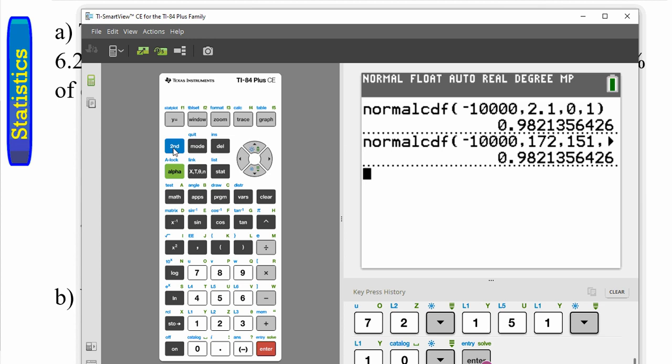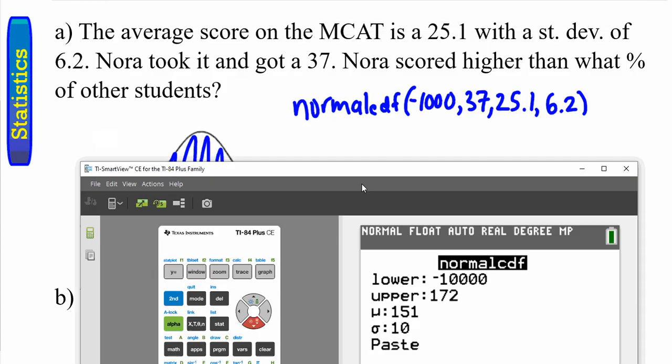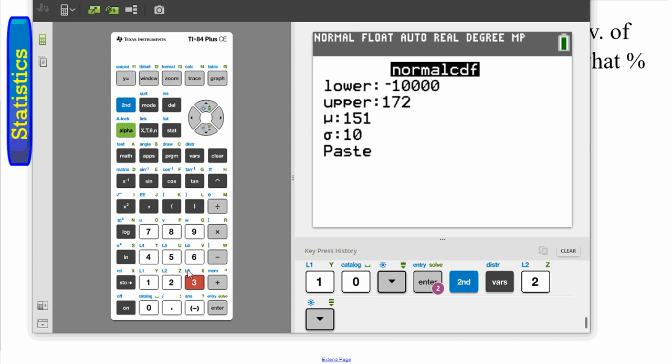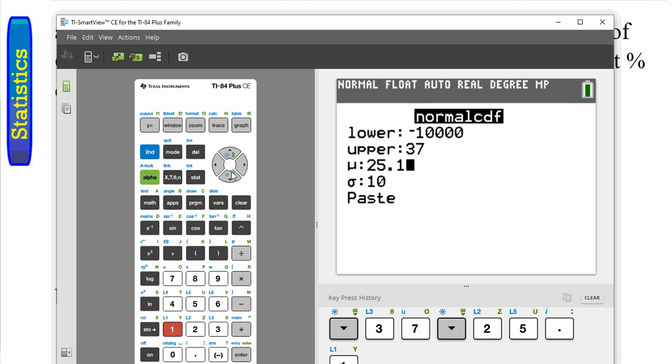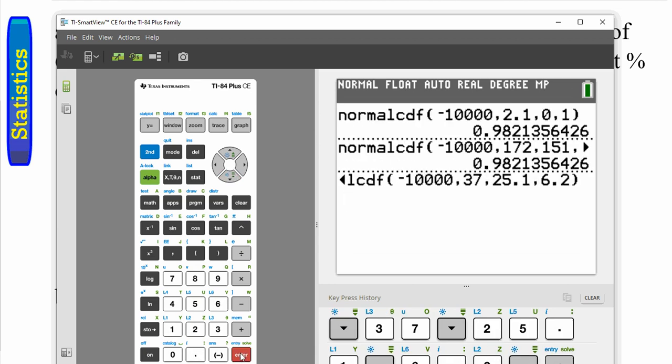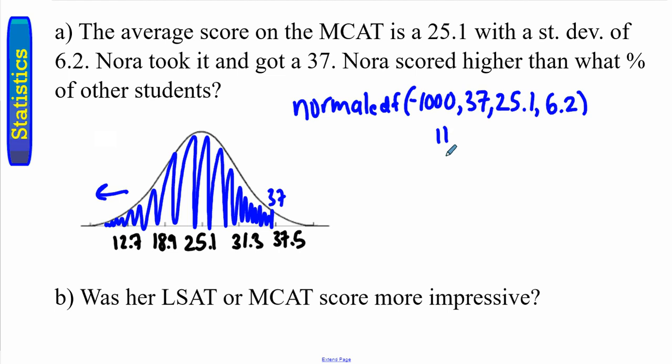So normal CDF, negative 1,000, upper is her score of 37, average was 25.1, and standard deviation was 6.2, and her percentile, the percent of students she scored higher than, 97.3, so say about the 97th percentile.